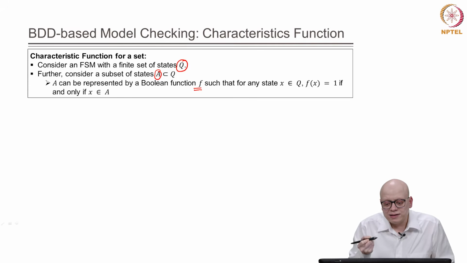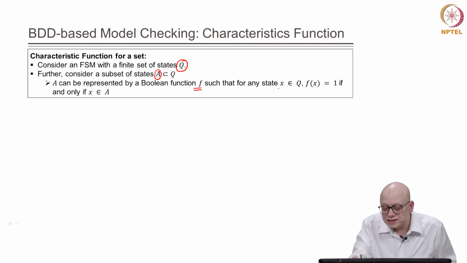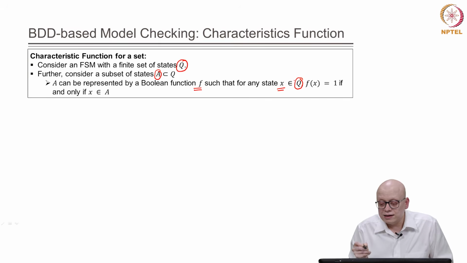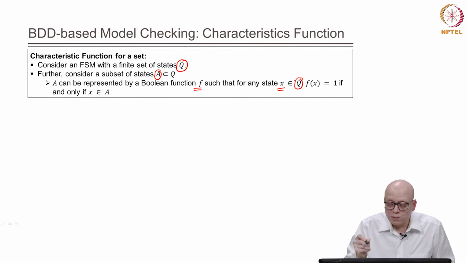How do we represent this set A? We represent it using a Boolean function f such that if any state x, which is an element of Q, is a member of the set A, then f(x) should take a value of 1.